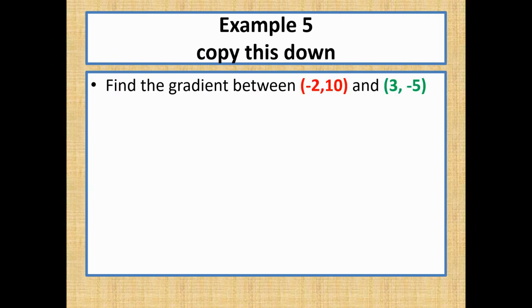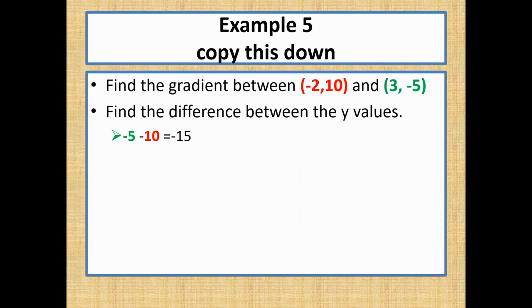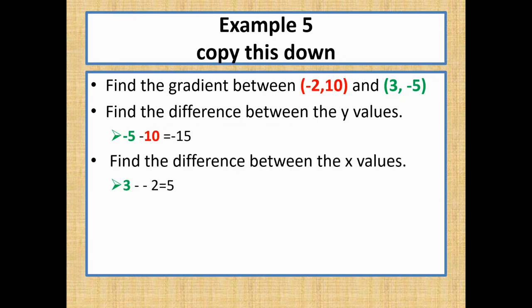What I'd like you to do now is to copy down this example. One of my coordinates has a negative and my other coordinate also has a negative value as well. So how can we go about this? So find the difference between the y values. You do minus 5 minus 10, which is minus 15. Then you find the difference between the x values. It would be 3 minus minus 2, which is 5. Okay.